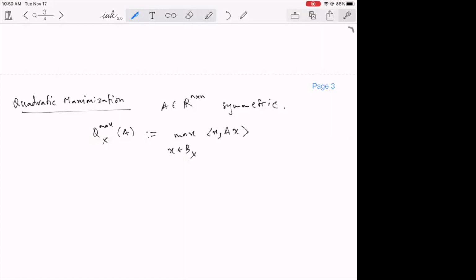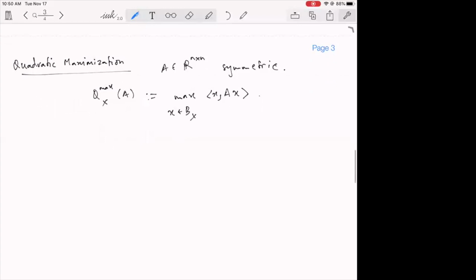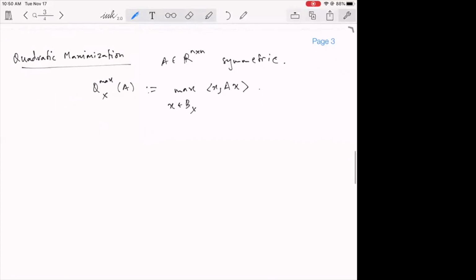Okay. Now this is not a norm, but actually it's a more general problem than bilinear maximization in the following sense.